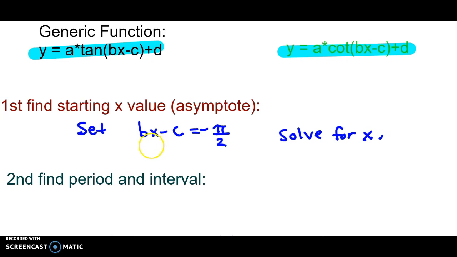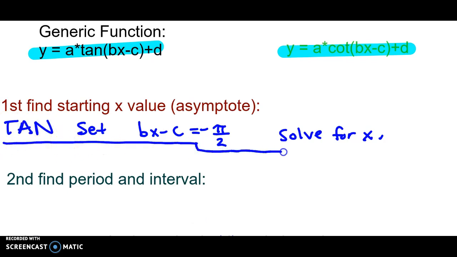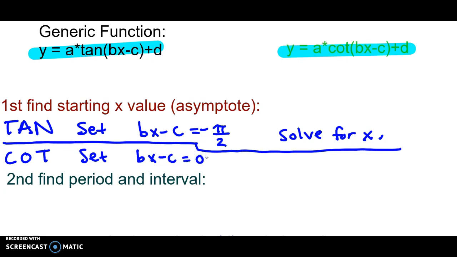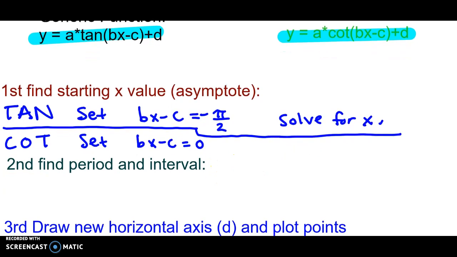Well, remember, for sine and cosine, we were actually setting that equal to 0. Also, keep in mind this is for tangent only. For cotangent, we're going to set bx minus c equal to 0, just like before, and we can call this a horizontal shift for cotangent.